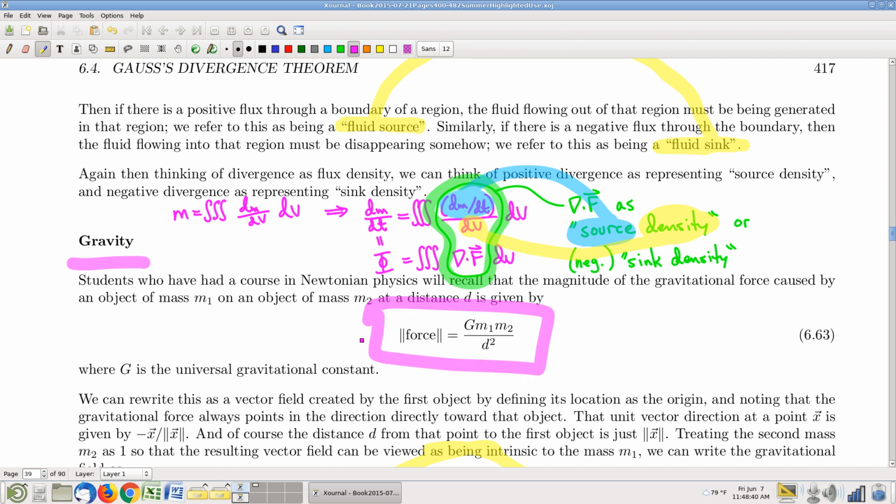If you haven't, I hope you have some familiarity with gravity. We all walk around inside of it. We deal with its consequences increasingly. And here's the formula. The force of gravity depends on the two masses, and then there's Newton's gravitational constant, but importantly, it's inversely proportional to distance squared. Okay.